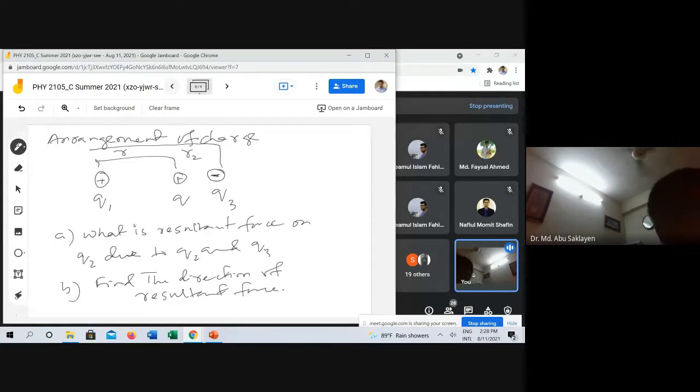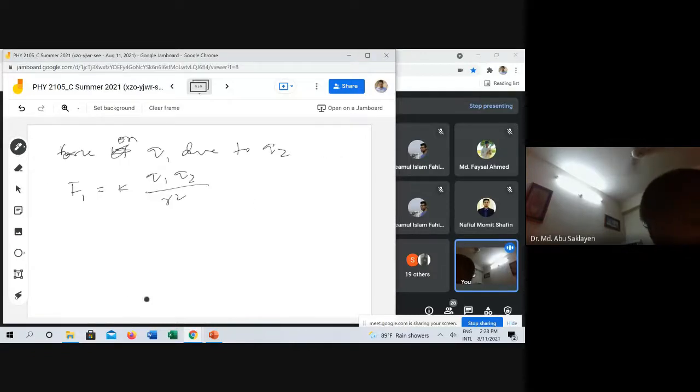Here both are positive, right? Both are positive. So you may write like this: Q1 greater than Q2 and Q1 greater than Q3, suppose. Okay, so this is the magnitude of the force on Q1 due to Q2.